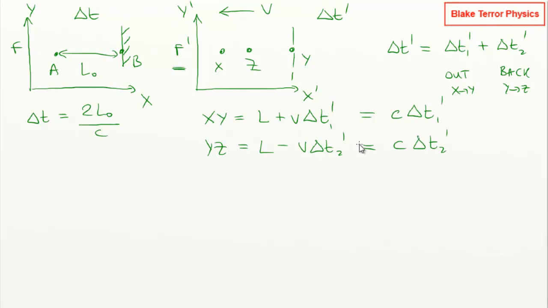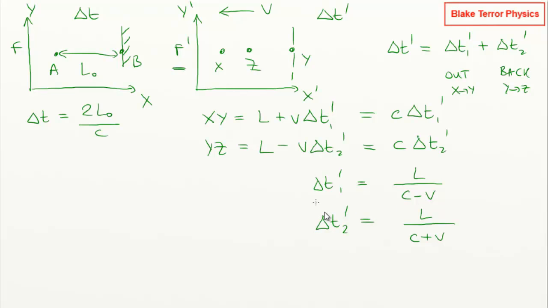So let's isolate delta t1 prime and delta t2 prime in these two equations then. Delta t1 prime is going to be L divided by c minus v. And then delta t2 prime is going to be L divided by c plus v.